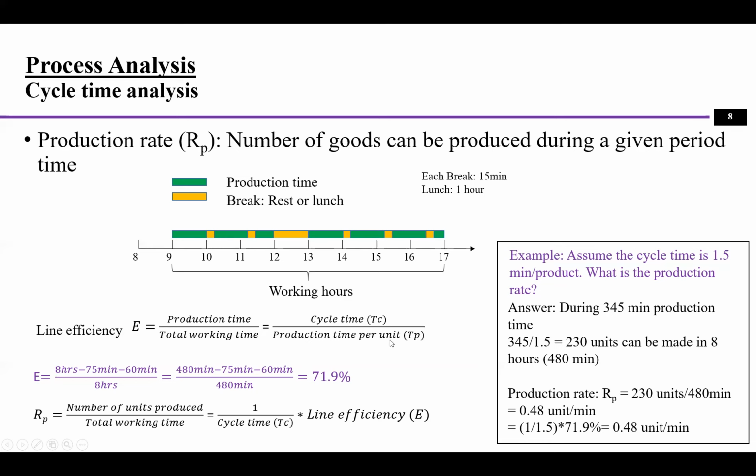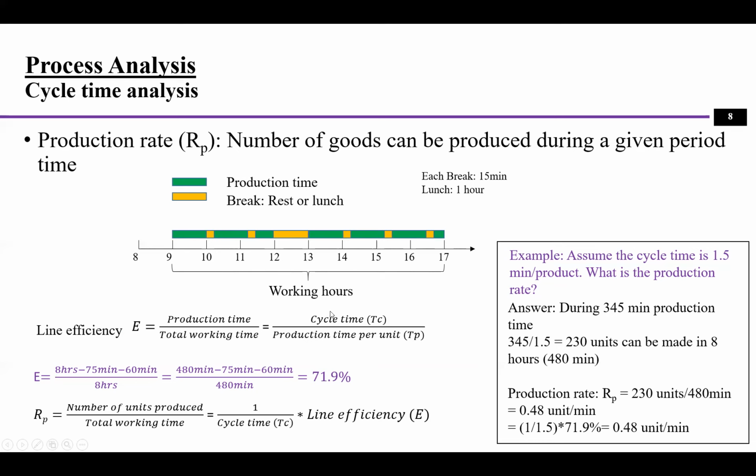But this variable includes all the rests and lunch times together. So cycle time divided by production time per unit gives us the line efficiency, which is the same as 71.9%, right?